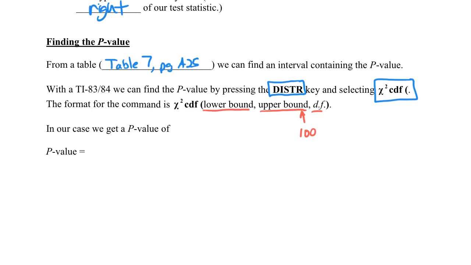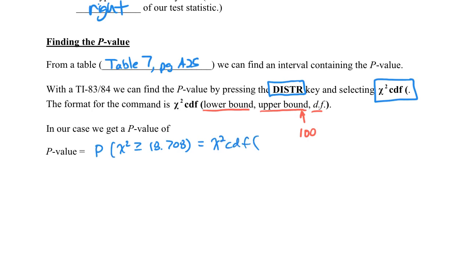So the way we do this on the calculator is we go p-value equals the probability that chi-square is greater than or equal to 18.708. We don't use normal CDF. We don't use TCDF. We use chi-square CDF.